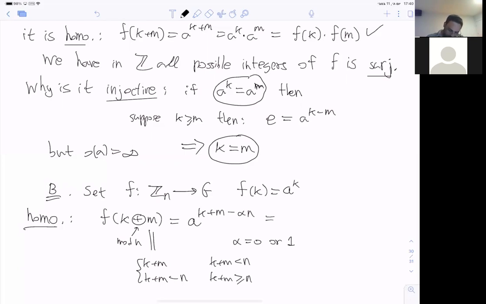Now I claim that this is E. Why is it E?